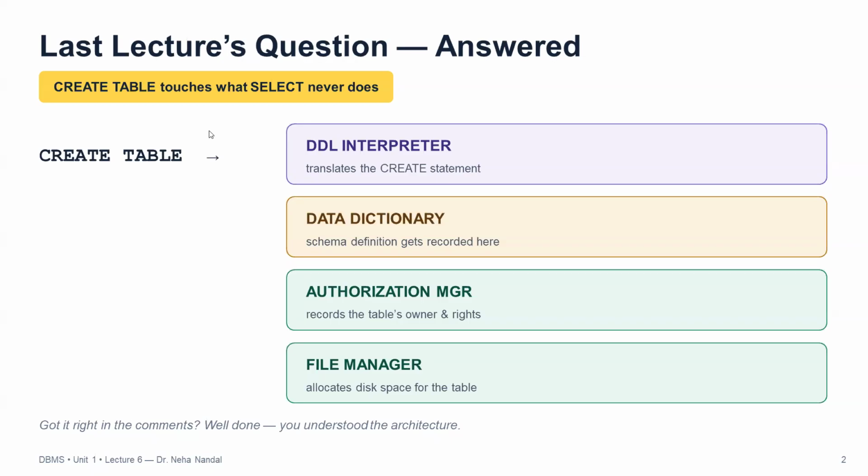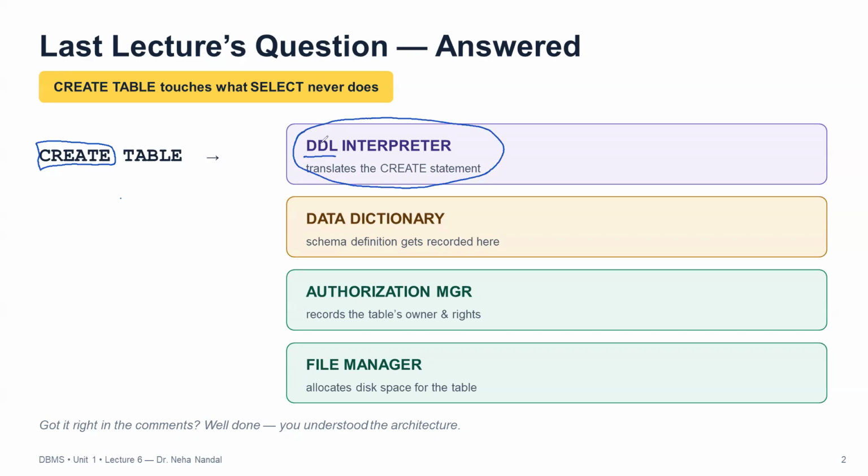There we discussed that when we talk about the select command, it goes to DML, the DML of the query processor in our phases. And I told you one more thing: certain commands like create, alter, grant go to the DDL interpreter.